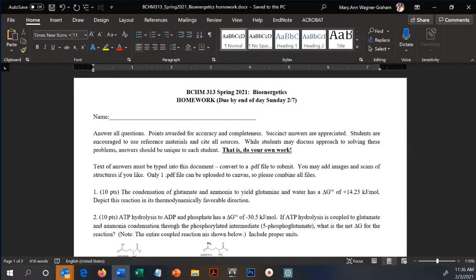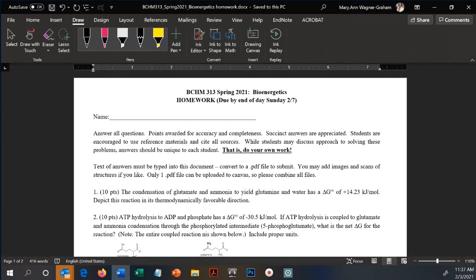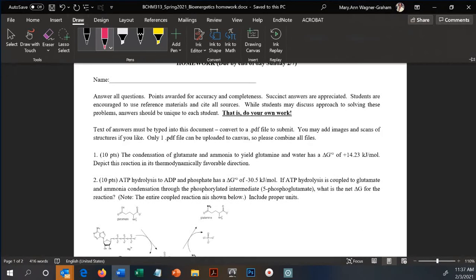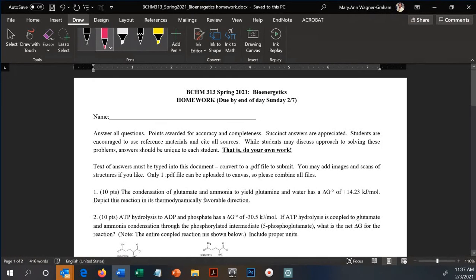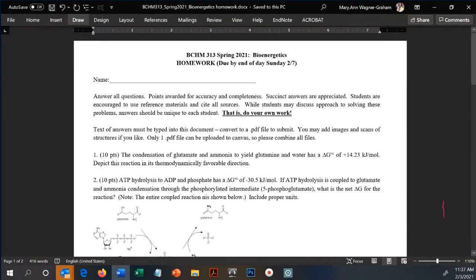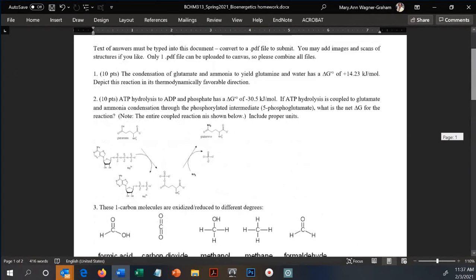So if you guys want to get started on this, you can get started on this. And this is also leading us into this concept of bioenergetics and metabolism. So just remember, there is a chemical basis or a molecular biochemical basis for every biological action. Questions 1 and 2 kind of go together.